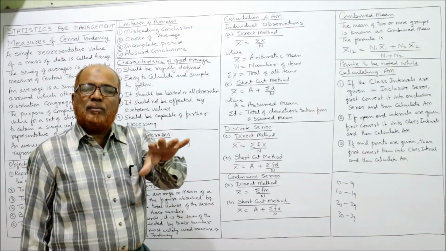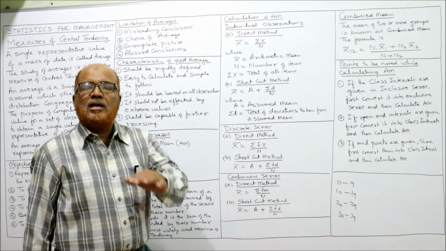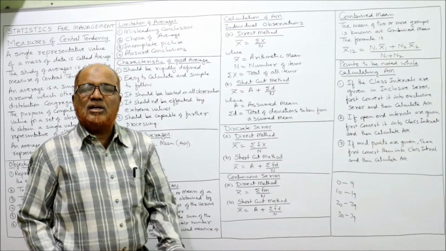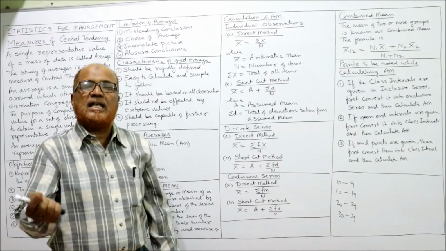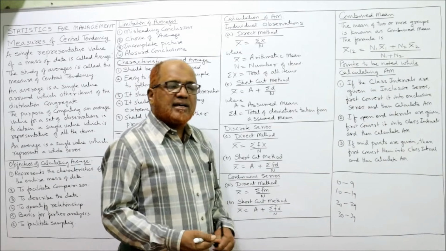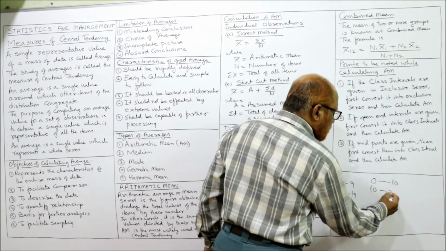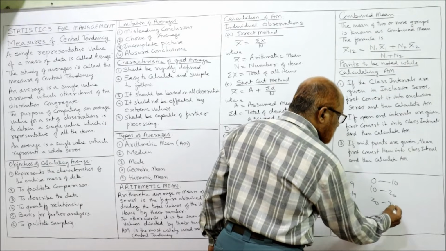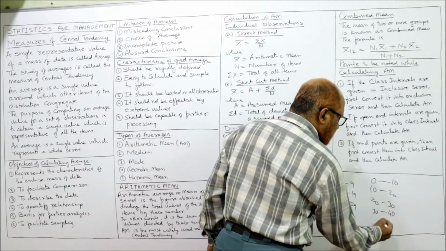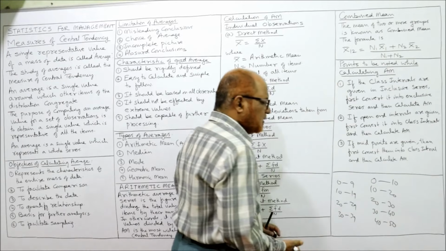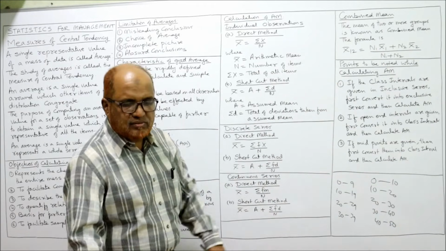Suppose in the problem inclusive series is there, you have to convert it into exclusive series and then only you calculate. Exclusive series will be like this: 0 to 10, 10 to 20, 20 to 30, 30 to 40, 40 to 50, like this. This is called exclusive series.